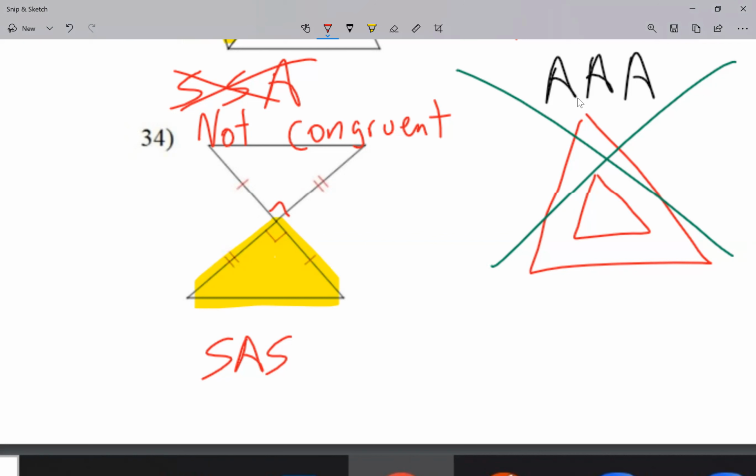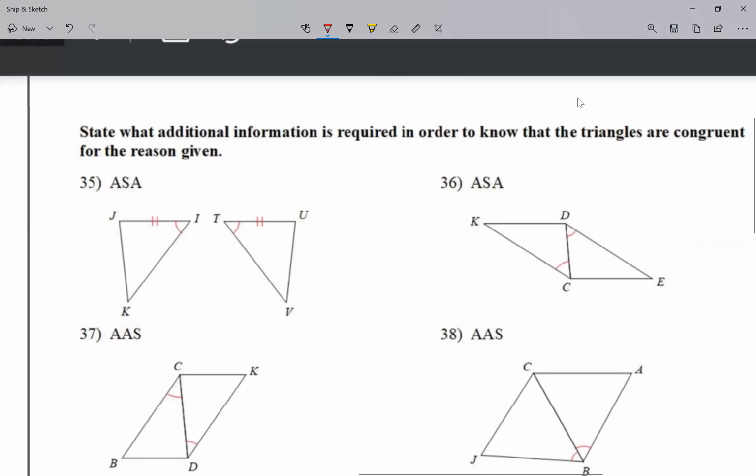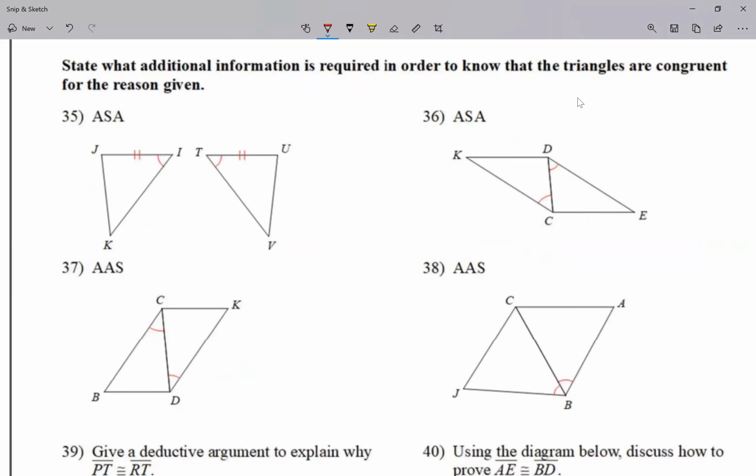Okay, let's take a look at questions 35 through 38. Now, this is actually what might give you a little bit of trouble. State what additional information is required in order to know that triangles are congruent for the reason given. So you're supposed to have three markings. I give you two, directly or indirectly.